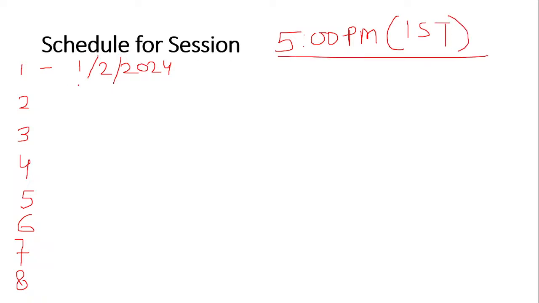All sessions will be at 5 p.m. and it is according to Indian Standard Time. Okay. So the first session will be today and the second session will be tomorrow. Fine. That is 2nd Feb 2024.